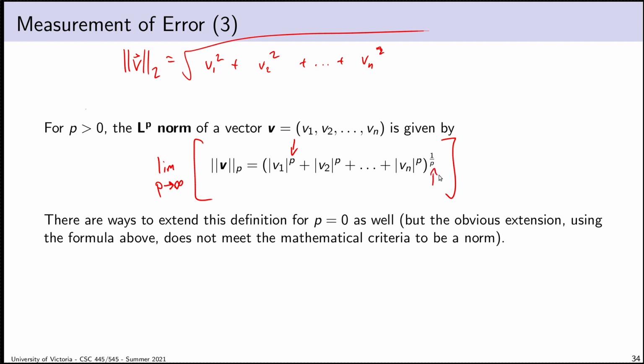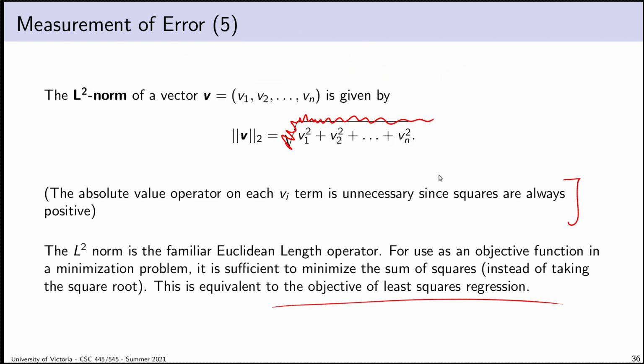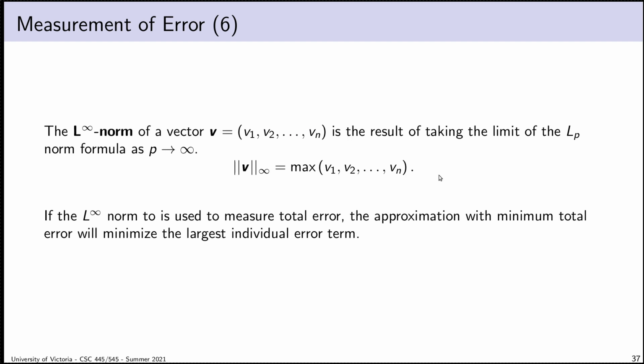Fortunately for us, this is a case where we don't have to worry about that in this course. Proving what the limit equals is none of our business, but it converges to something that is usually called the L infinity norm. There is a typo here, there should be absolute value symbols. The L infinity norm evaluates to the maximum of the absolute value of any individual component.